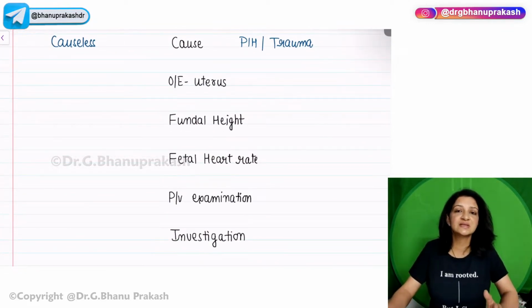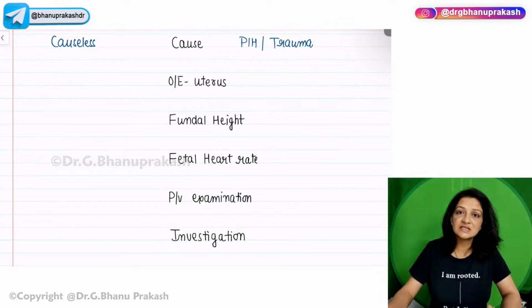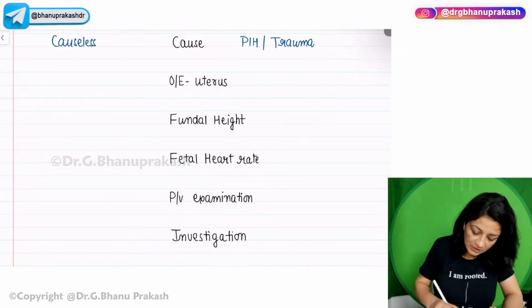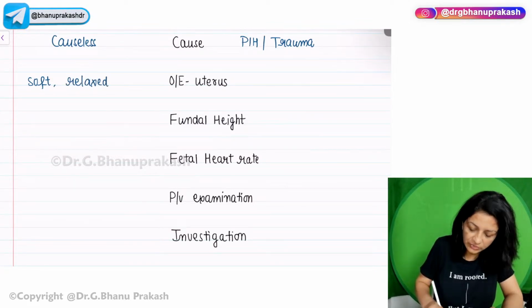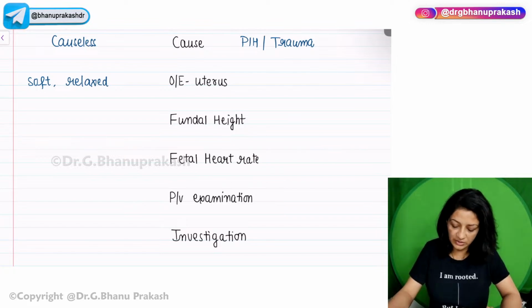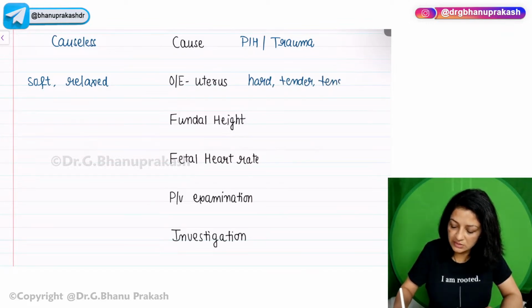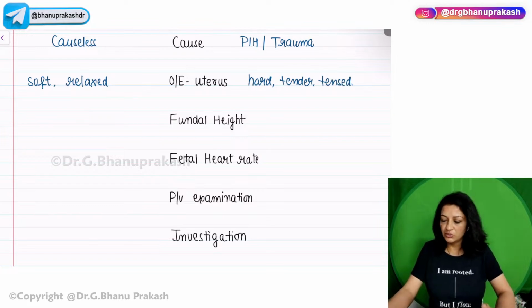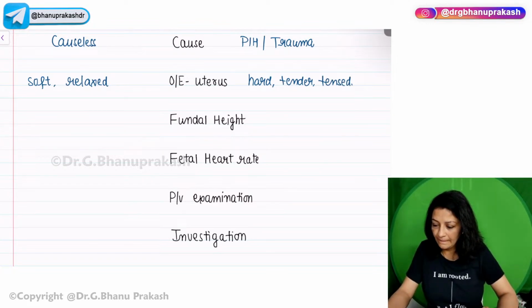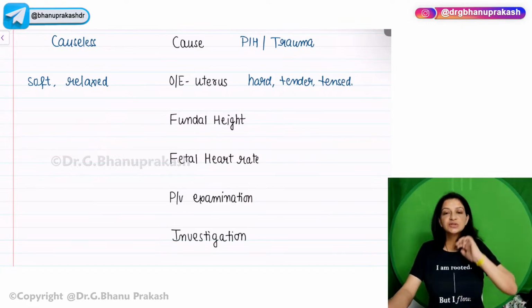So next one, on per abdomen examination. जैसे ही आप यूट्रस को एग्जामिन करोगे, you will see in case of placenta previa, a soft and relaxed uterus. In case of abruptio, you will see a hard, tender, and tensed uterus.